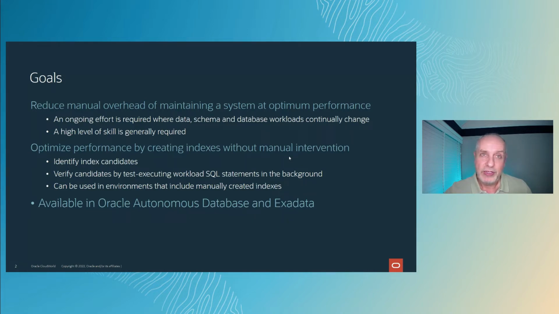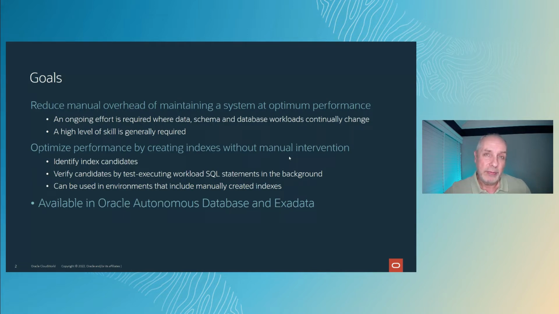The schema may change over time, and that's often due to things like changes in business requirements, and database workloads themselves change, again, almost certainly driven by business requirements and service level requirements, things like that. This does tend to require quite a high degree of skill, and you'll see why in a minute. I'll cover some of the reasons why managing indexes is not entirely straightforward.